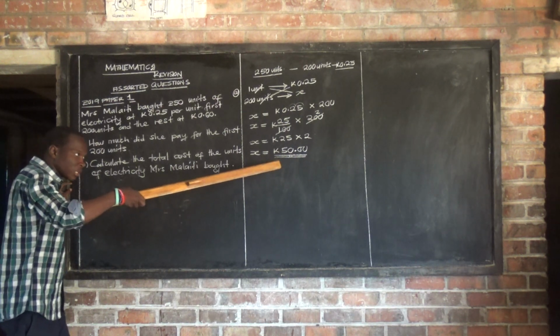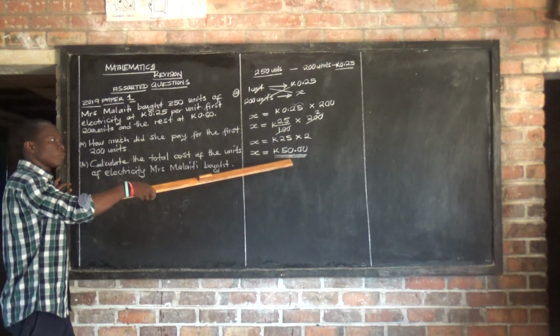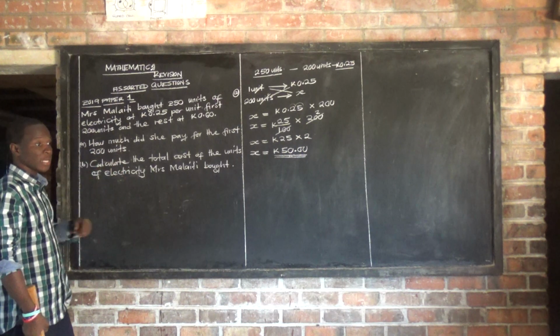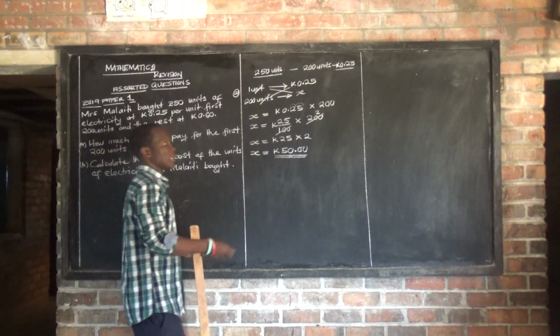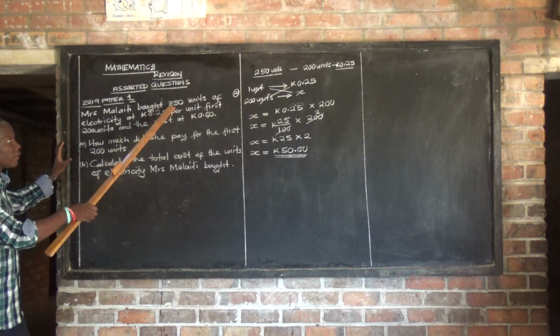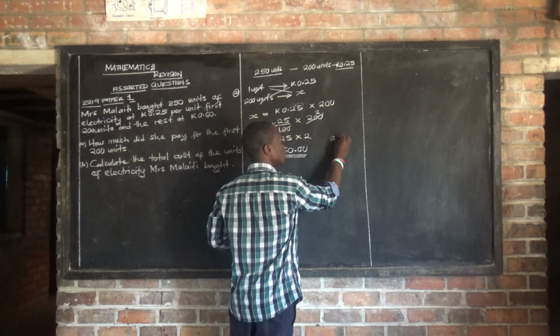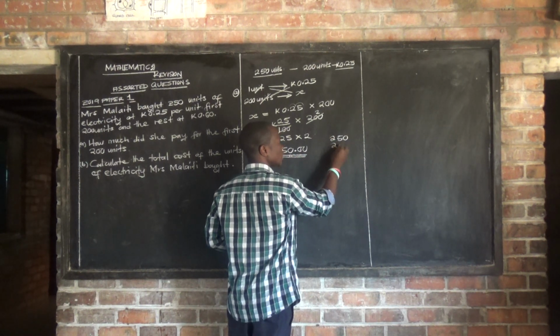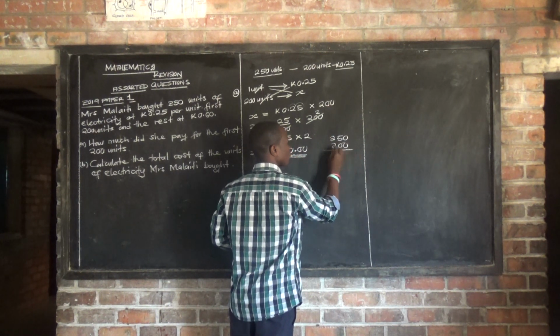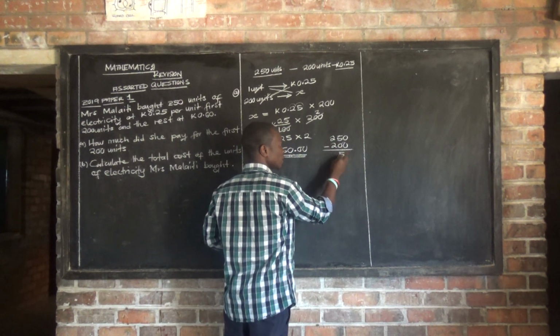Now we need to find the remaining. The total quantity of units was 250, so 250 minus 200 is 50.